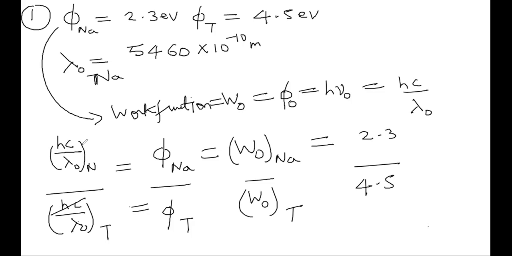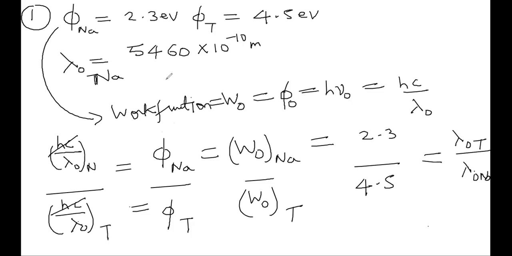Just cut this hc anyway. Then it will take up a reciprocal. Lambda naught of tungsten will go upstairs, divided by lambda naught of sodium. That's it. Lambda naught of sodium is already given, substitute in this.